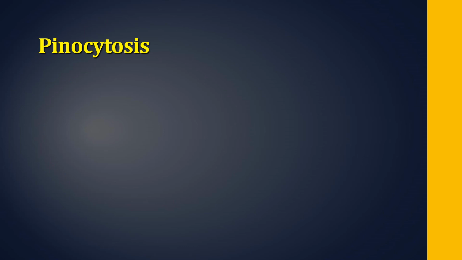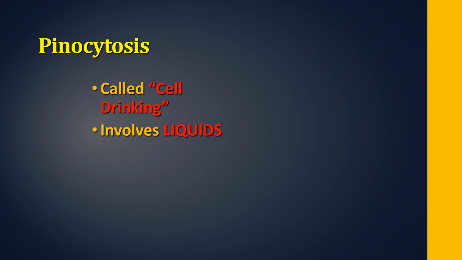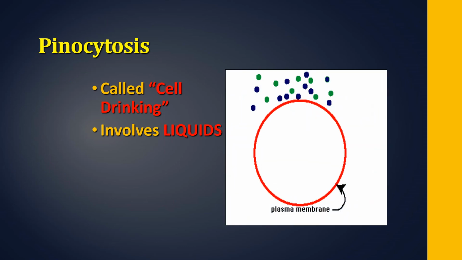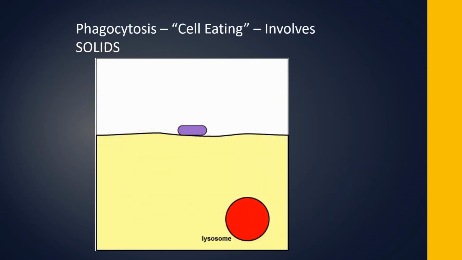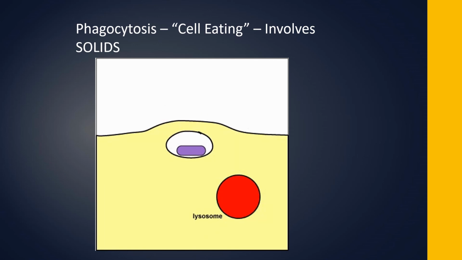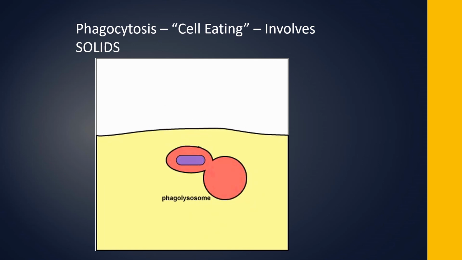There is what we call pinocytosis. Pinocytosis is called cell drinking, in which it involves liquids. And we have also phagocytosis, the cell eating, which involves solids.